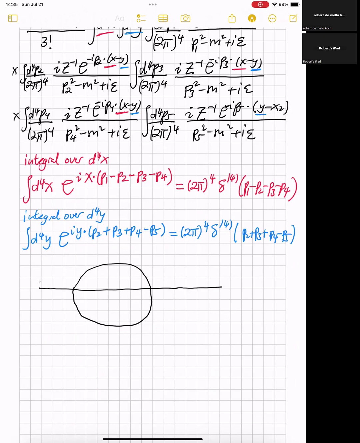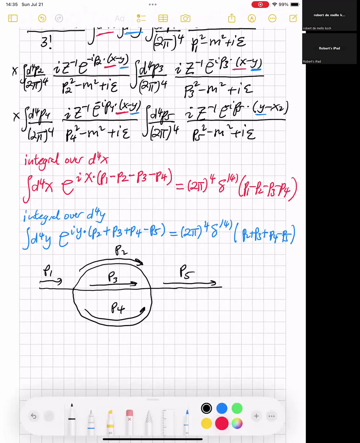We said here we had P1 flowing. Here we had P2 flowing. Here we had P3 flowing. Here there was P4 flowing. And out here we had P5 flowing.